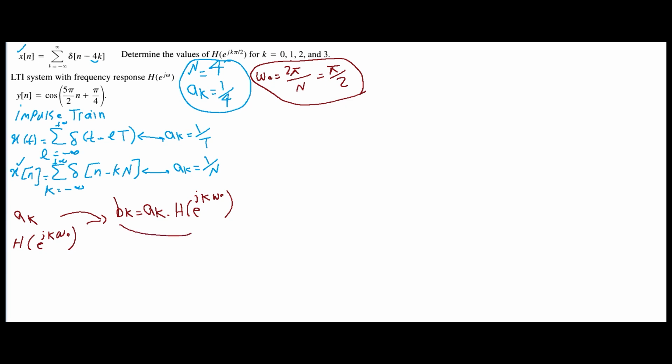Now we can express the output signal using its Fourier series expansion. Since the period is 4, we can sum over one complete period, for example, from k equals 0 to 3. Therefore, y[n] is written as follows.